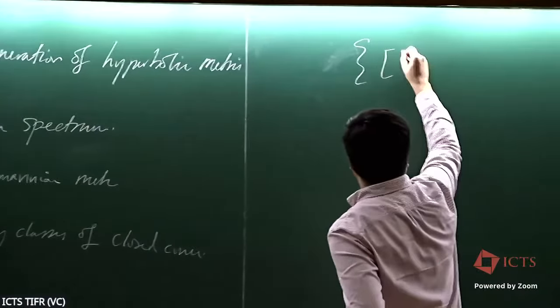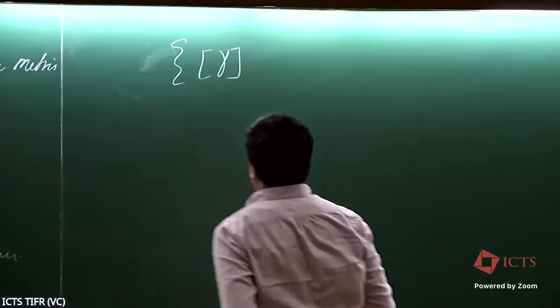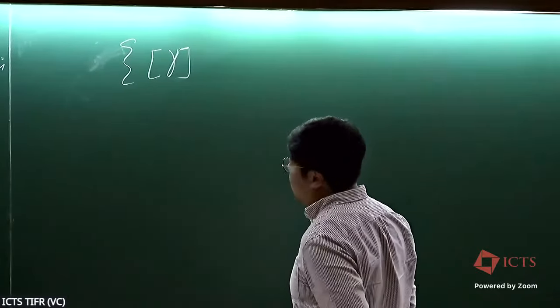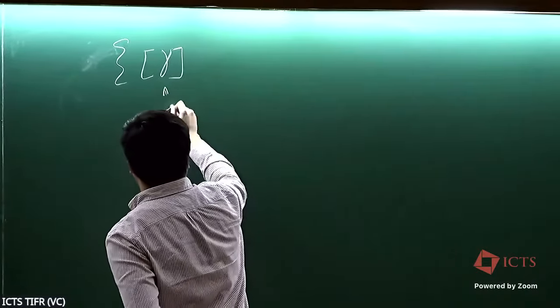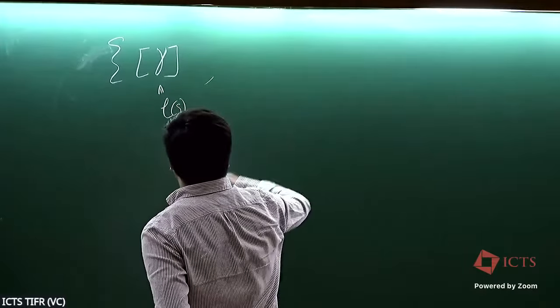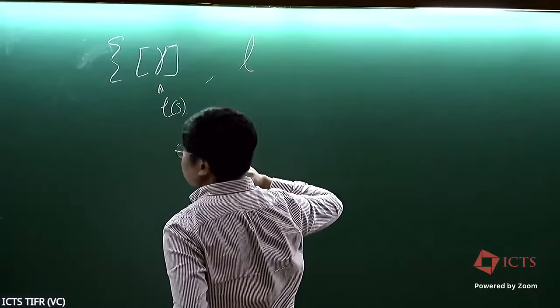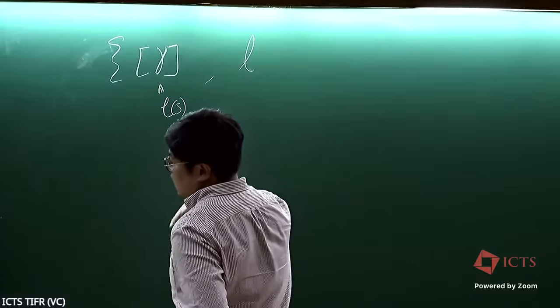The first component of this pair will be the actual isotopy class of the curve. So this lives in script C of S. And then the second one is I'll record the length of the geodesic in this free homotopy class.